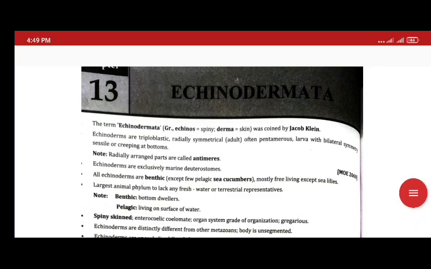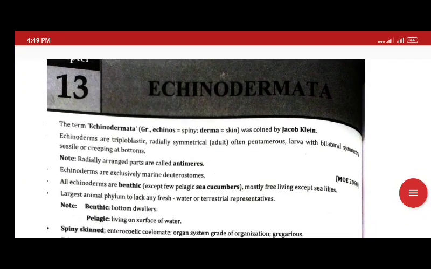Now we have this ninth phylum, Echinodermata. This phylum contains animals that are wholly marine, not in fresh water, in marine water only.